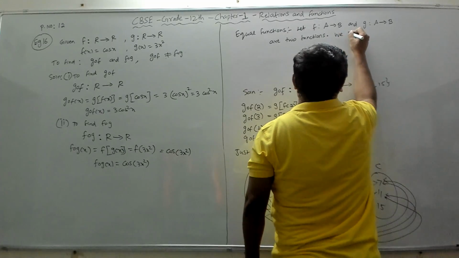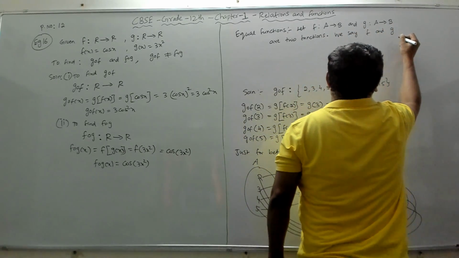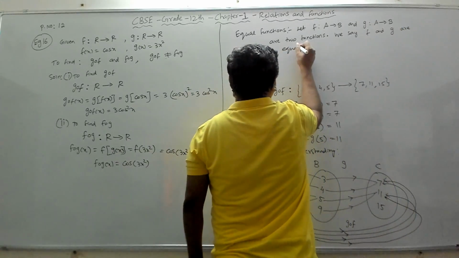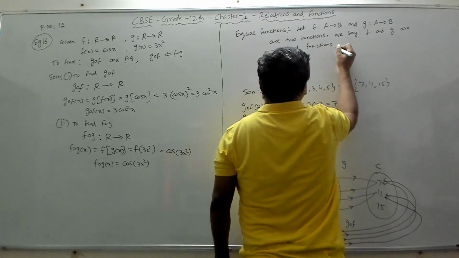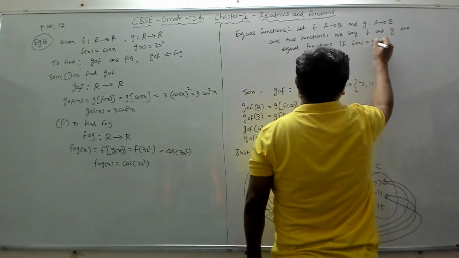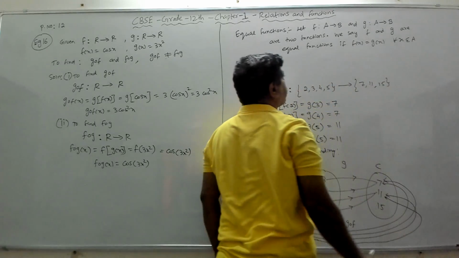We say f and g are equal functions if f of x is equal to g of x for every x belonging to the domain A.